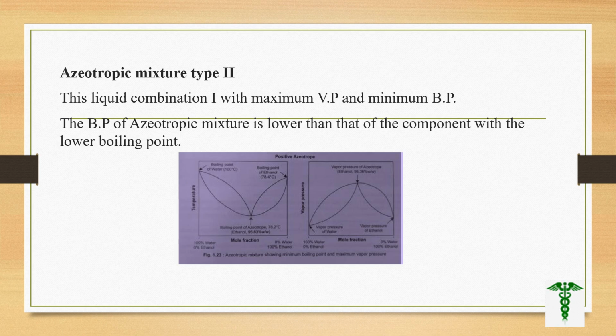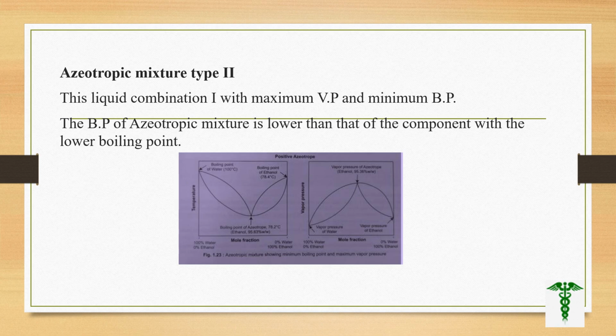In positive azeotrope also we plot temperature on the y-axis and mole fraction. Here the azeotropic graph is opposite, a downward curve, meaning the mixture has a lower boiling point compared to the individual components.